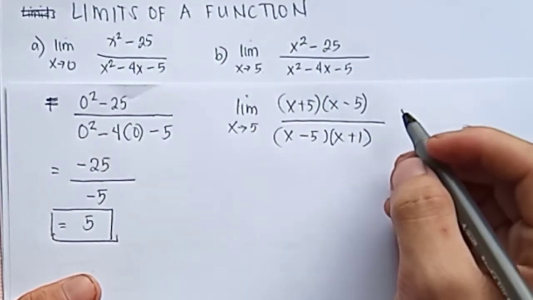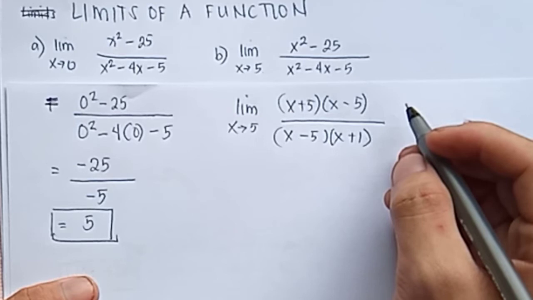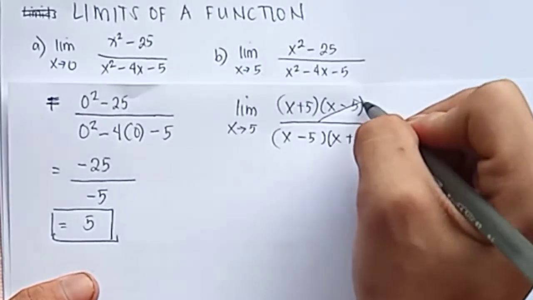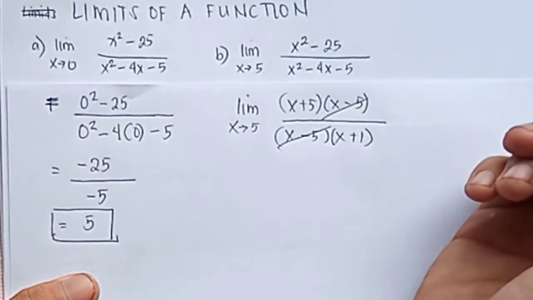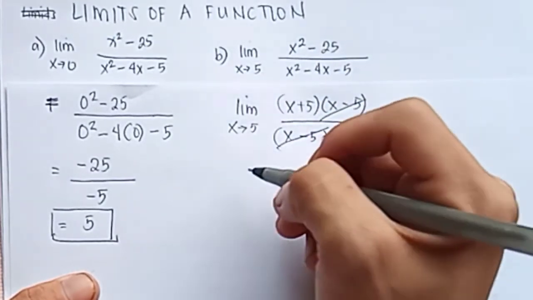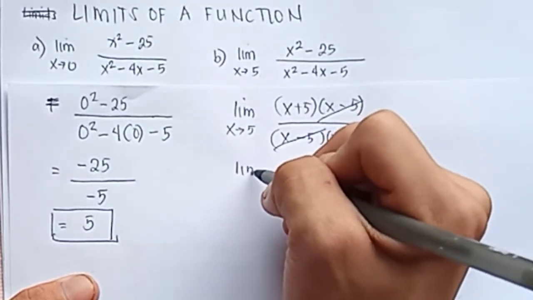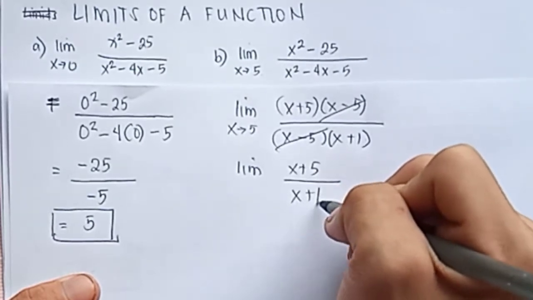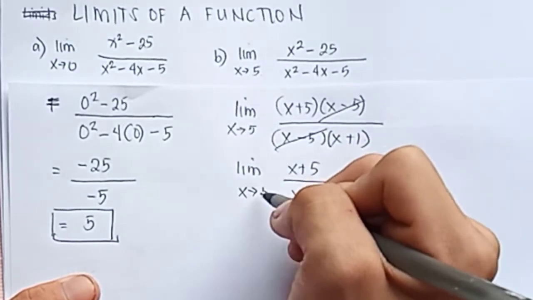Okay, by doing that, let's have the cancellation method for the common factors. So, we have x minus 5, they are common. Okay, so wala na, kaya pwede na natin itira si x plus 5 over x plus 1. So, we have limit of x plus 5 over x plus 1 as x approaches to 5.